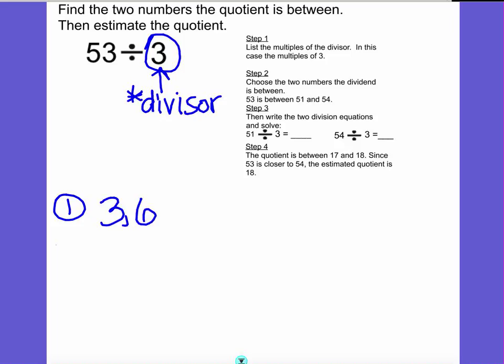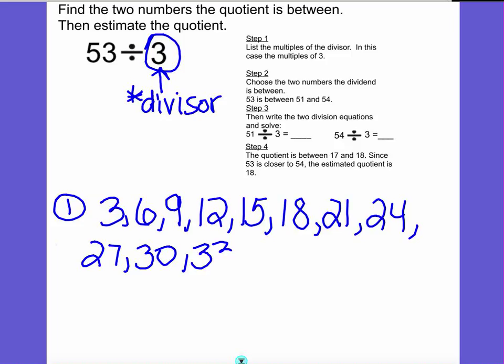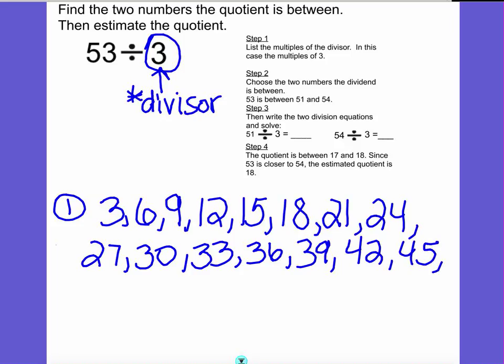So I'm going to list 3, 6, 9, 12, 15, 18, 21, 24, 27, 30, 33, 36, 39, and I could keep going by adding 3, because I know that for multiples of 3, I can continue the pattern.